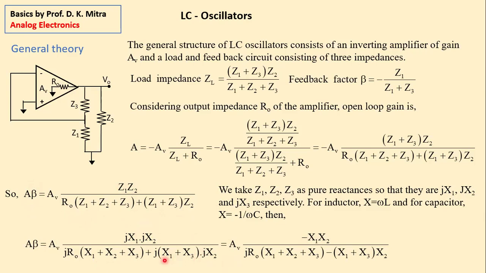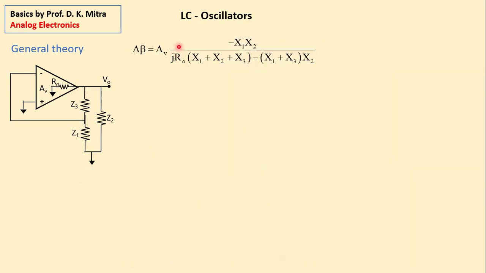Here also j into j is minus 1, so minus (X1 plus X3) into X2. And this jRO remains as it is. Fine. We go to the next step. Here in the next step, this value of A beta is reproduced here for continuation. This is the value of A beta.